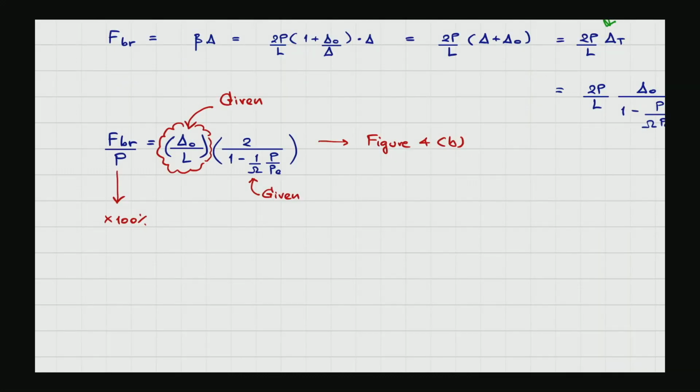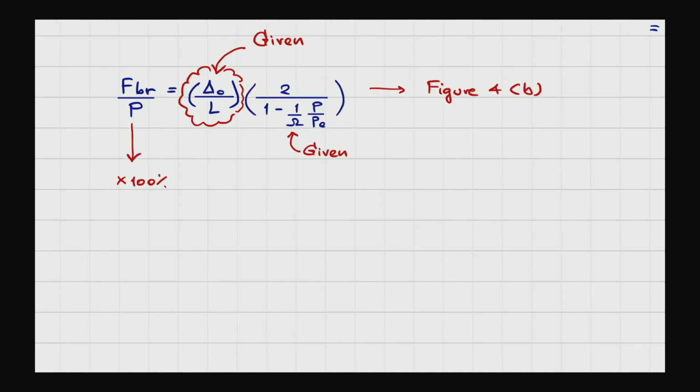So this is going to be the vertical axis. We have to move things around again in order to express the P over PE in terms of the other things.